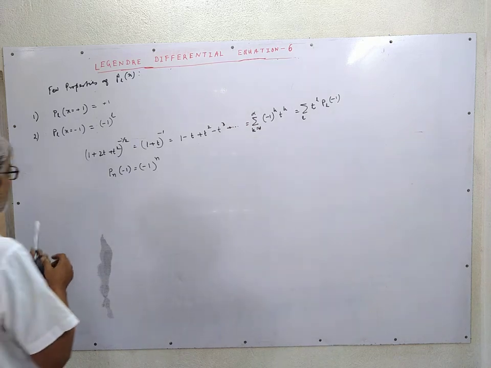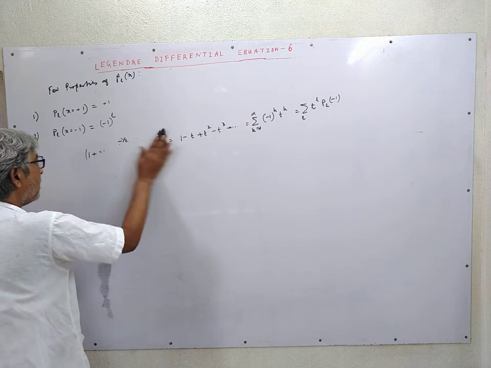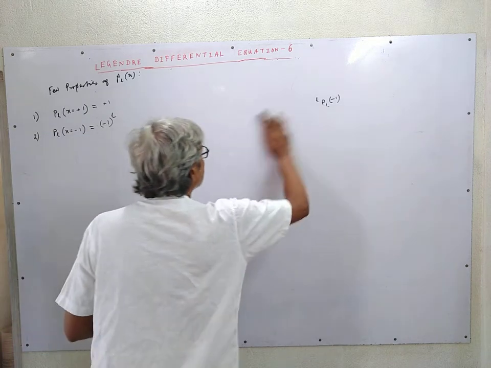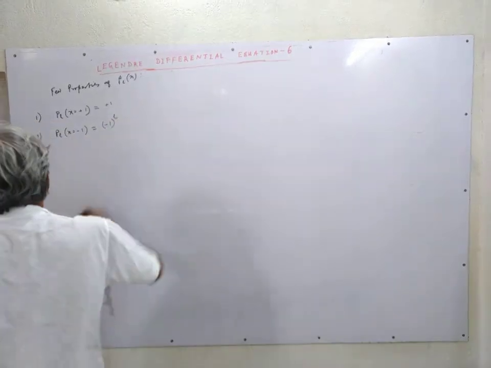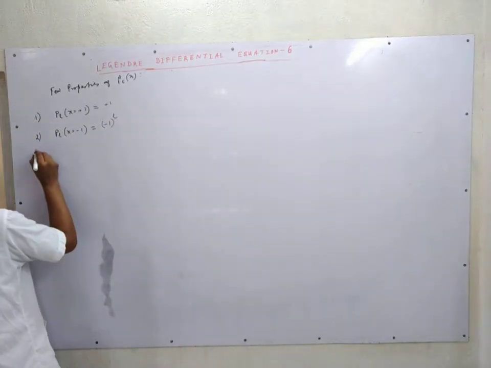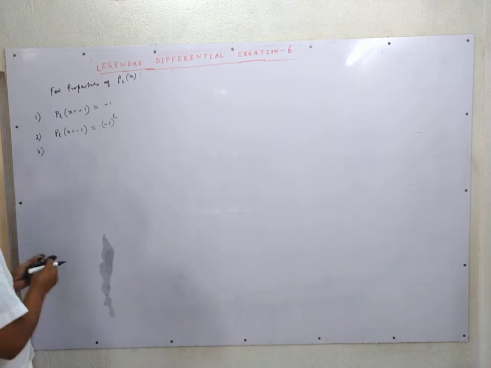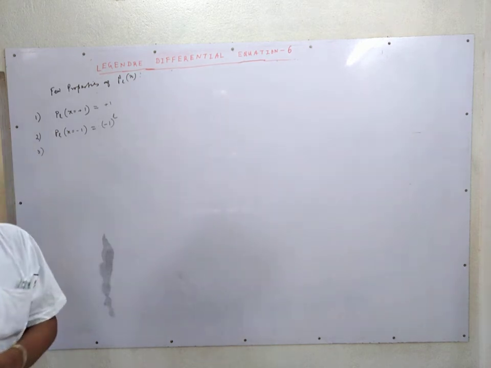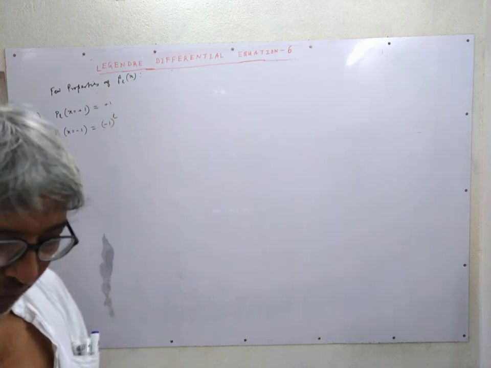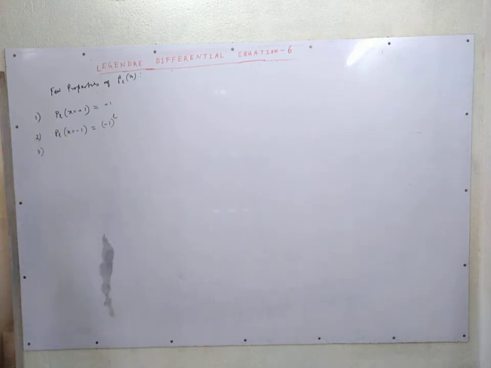What happens to the values of P_L at x equal to 0, that is at the origin? We know that P_L for L odd is an odd function of x, so it should be 0 at the origin. But for even values of L, P_L at x equal to 0 is in general not 0. What is its value? This is the question.